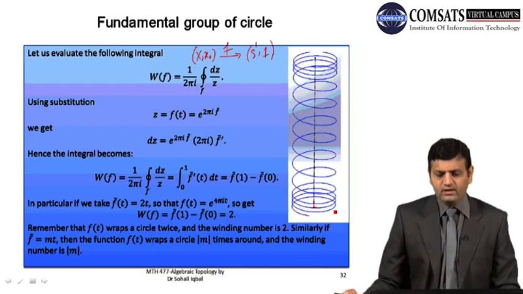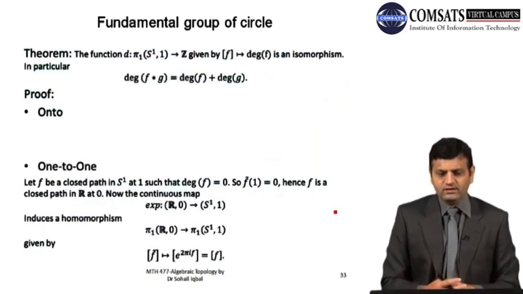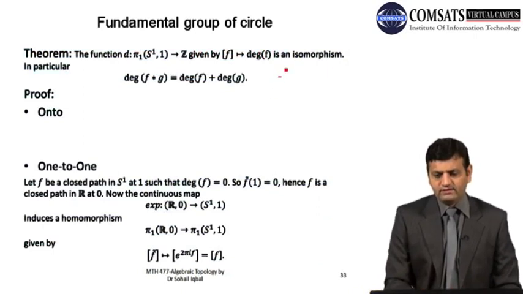So we have a way of associating integers to loops. Okay, so in particular I can take this X, x naught to be I, 0, going to S1, 1, which by definition is a loop inside S1.